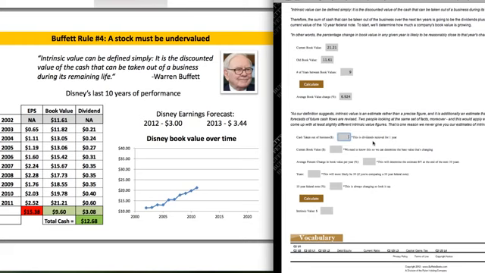So when we look at the cash taken out of the business, this is our dividend. This is our 1-year dividend. So currently, Disney's paying a 60-cent dividend. As you look over the last 10 years, that dividend payment has been a lot lower than 60 cents. They've just recently raised that up to 60 cents.